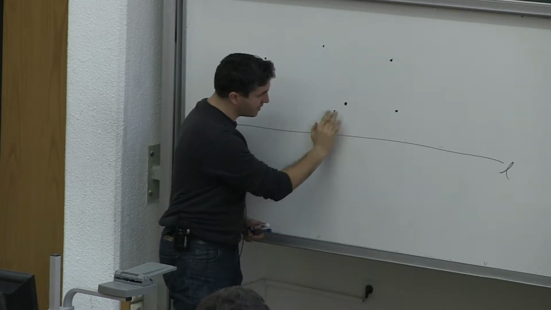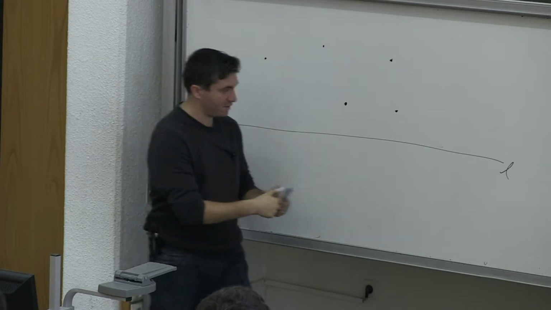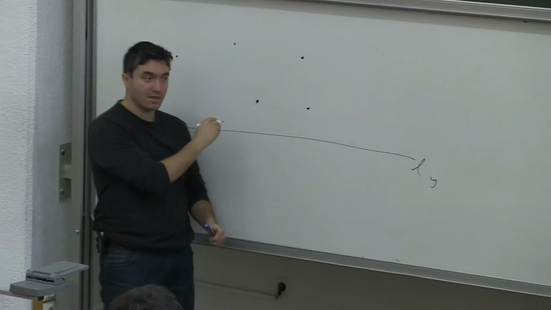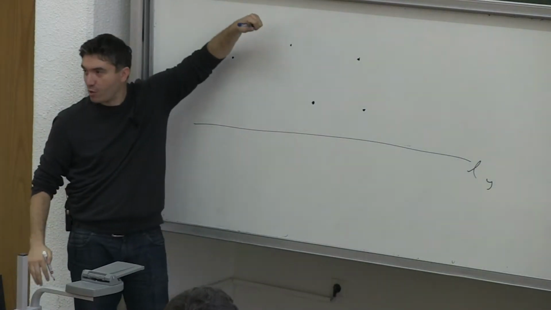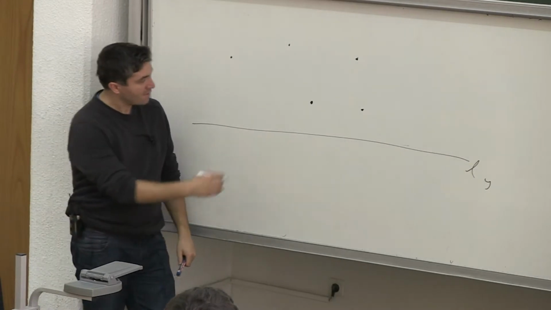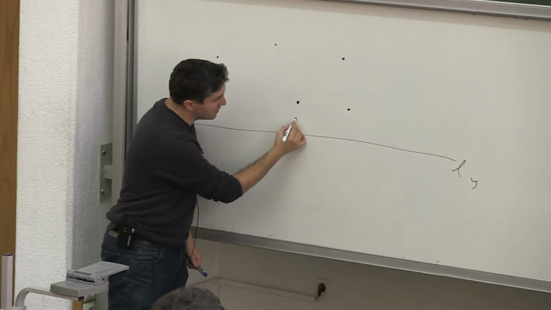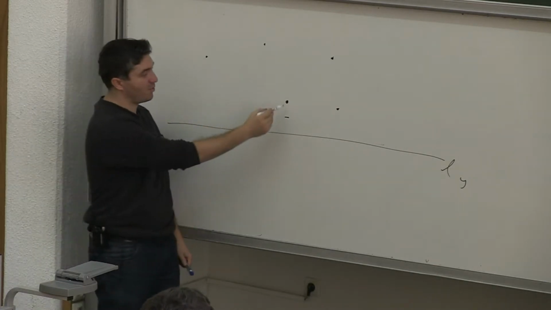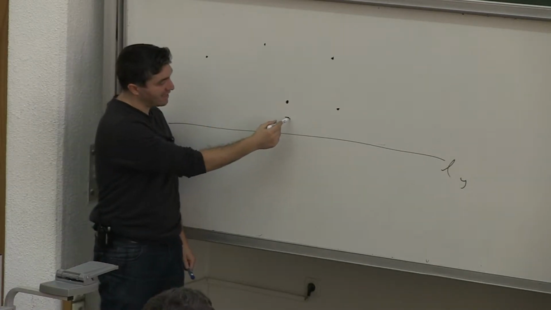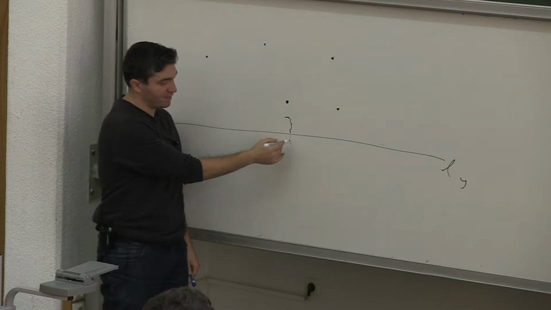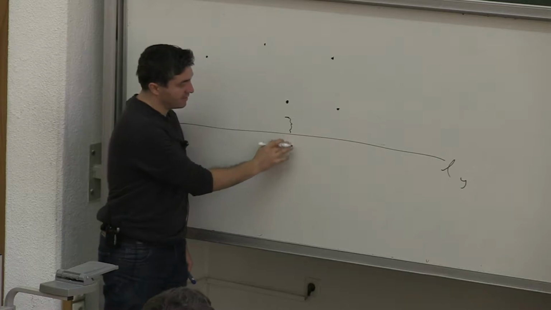However, what we can do is, we know the sweep line has a certain y coordinate, so we know the y coordinate of the sweep line. For example, look at this midpoint here. I cannot say anything about these points, maybe, because there may be other points here.